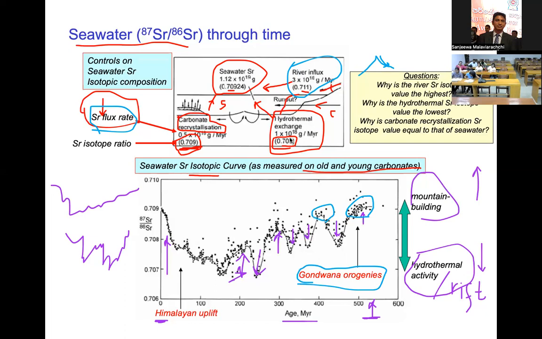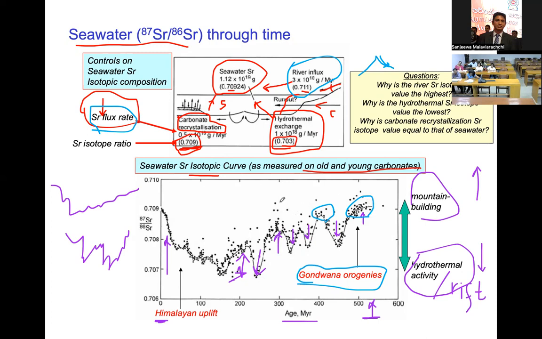Pan-African orogeny, Kunga orogeny, you should have learnt them in your third year, right? Kunga orogeny is around 400 to 450, and the Pan-African or Mozambique belt formation is around 500 to 550, right?